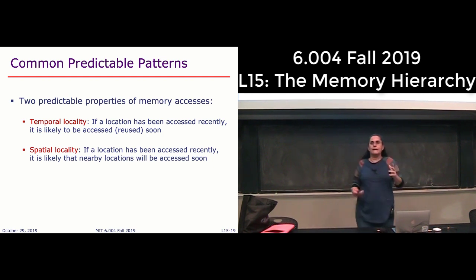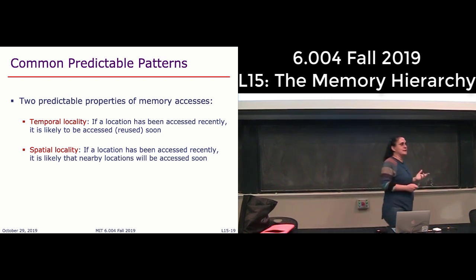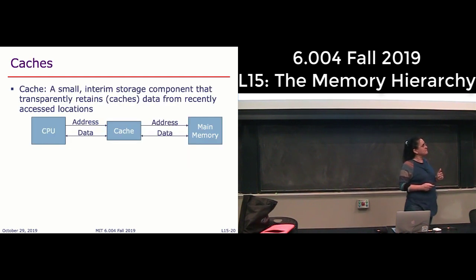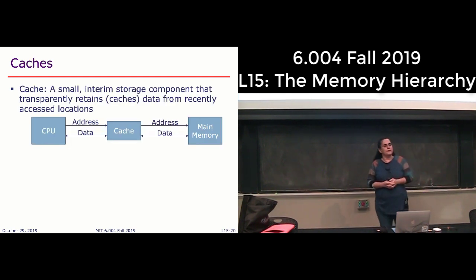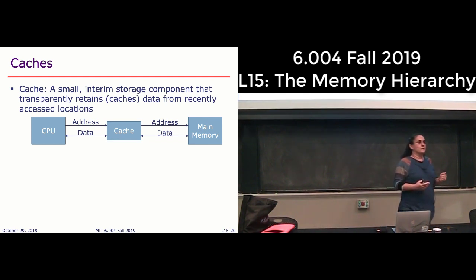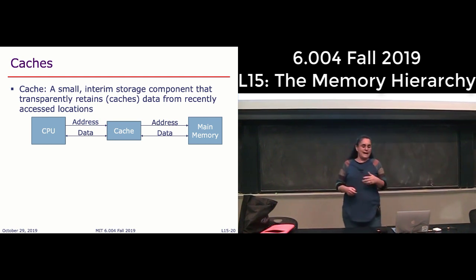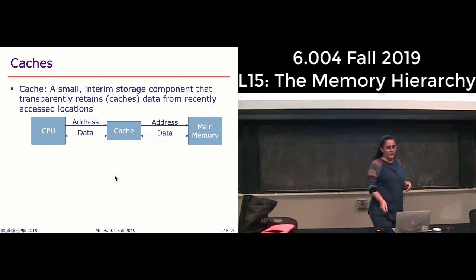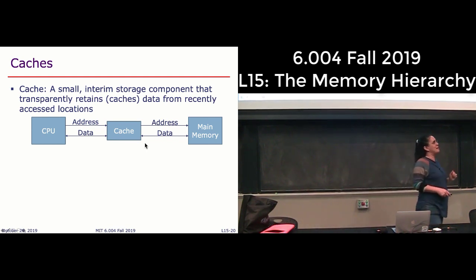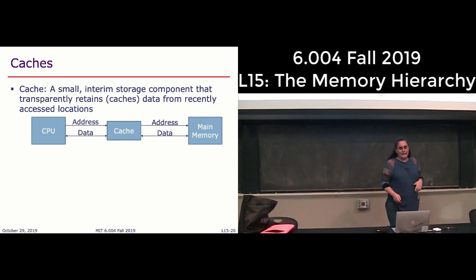Okay, so how do we make use of these predictable patterns? Well, what we're going to do is basically cache the information that we recently accessed into this faster memory, which we call a cache. Okay, so what do I mean by that? Imagine that I just have a two-level hierarchy right now.